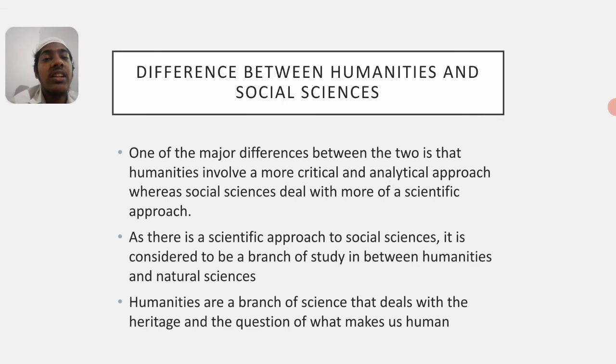Social science will deal with kinship, family, sociology and such things. But humanities will deal with philosophy and what makes us human. This is the major difference between humanities and social sciences.